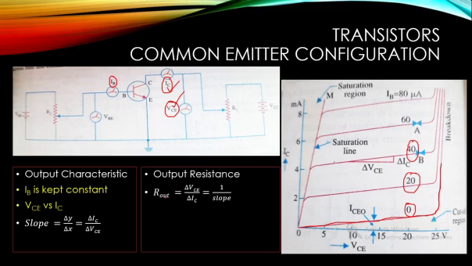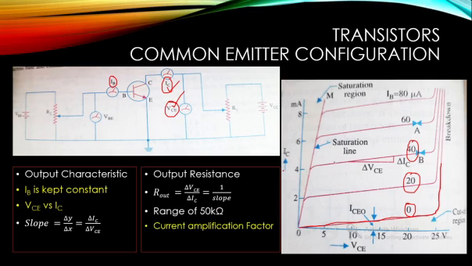So in this case, output resistance means the change in output voltage, delta VC, divided by the change in output current, delta IC. And looking at the slope, you can see that output resistance is just the inverse of the slope. And it would be in the range of 50 kilo ohms approximately.